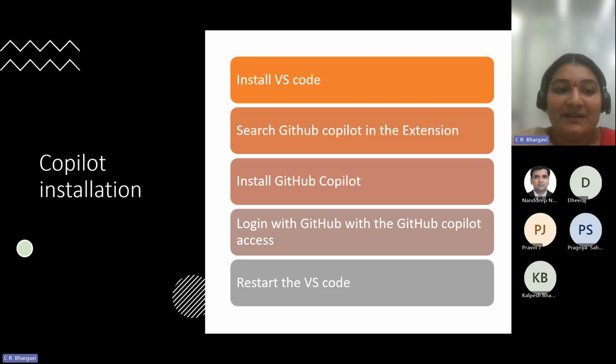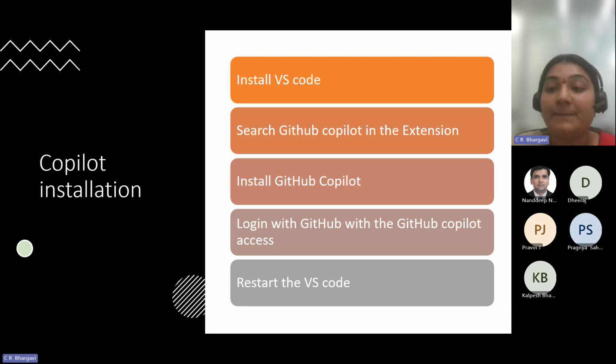We have been talking about GitHub Copilot, right? So how do we use it? First we need to install VS Code and search for GitHub Copilot in the extensions. We also have to install GitHub Copilot, and before that we have to get GitHub Copilot access.